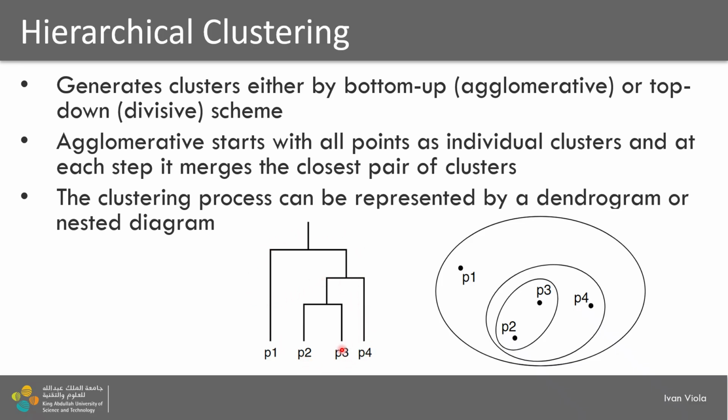And this gives us a clear view of how this merging happened. Now let's have a look at how we express the closeness of two clusters so that we can perform this agglomerative step until we merge all the clusters together into just one big cluster. And that will be the stop criterion for this hierarchical clustering scheme.